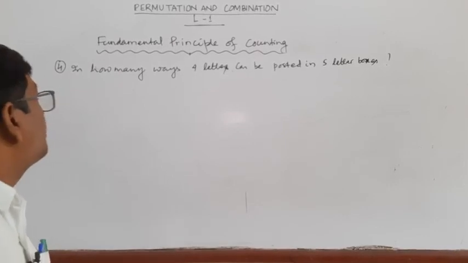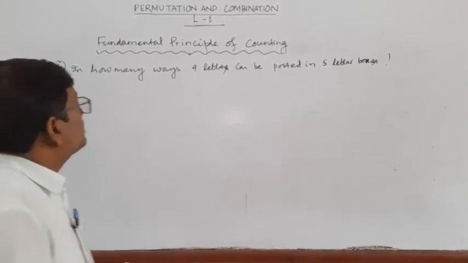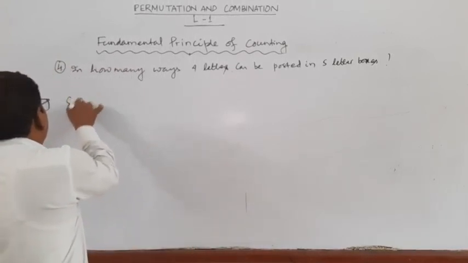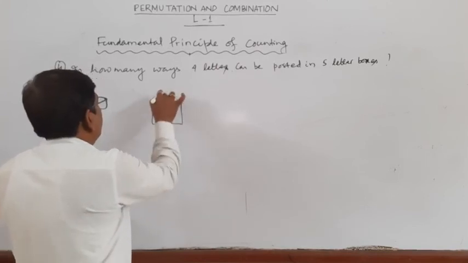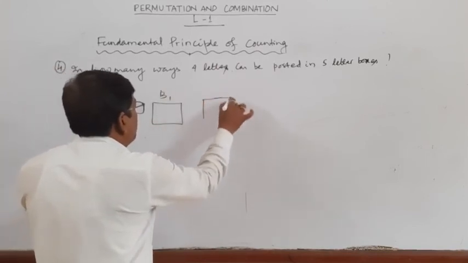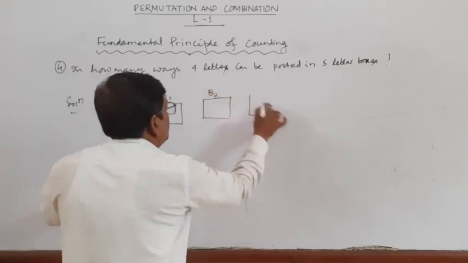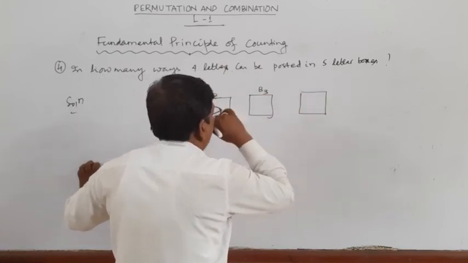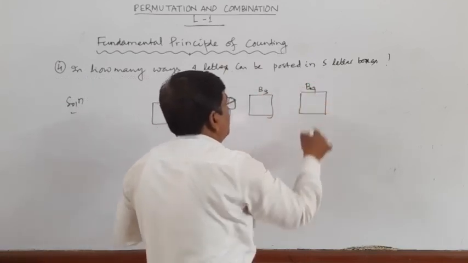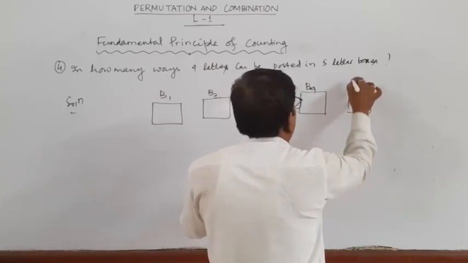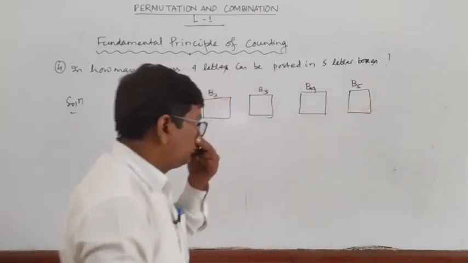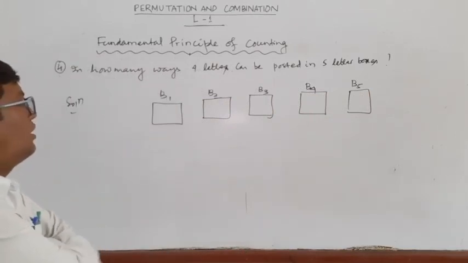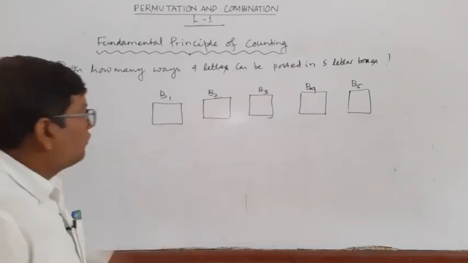In how many different ways can 4 letters be posted in 5 letter boxes? Solution: this is box 1, box 2, box 3, box 4, and box 5. For letter 1, there are how many options?